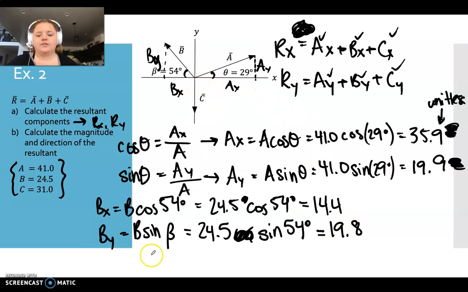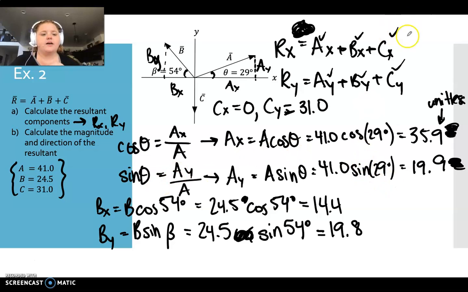Now C is going to be quite a little easier because C is just pointed in the y direction. There's no x component, so Cx is actually 0. And we only have C sub y. If all of our magnitude is in one direction, then the magnitude listed here is going to be the same. So this is going to be 31. All right, so now you plug in all of these numbers, and I can do that on my calculator.